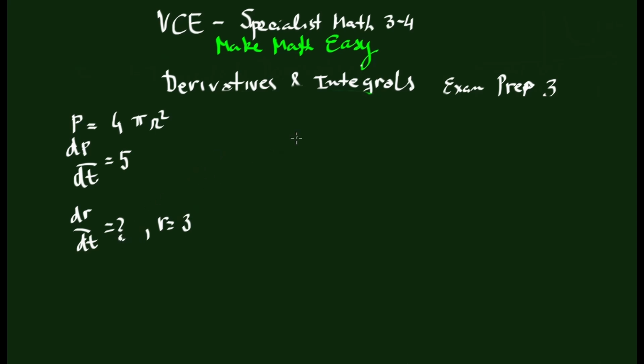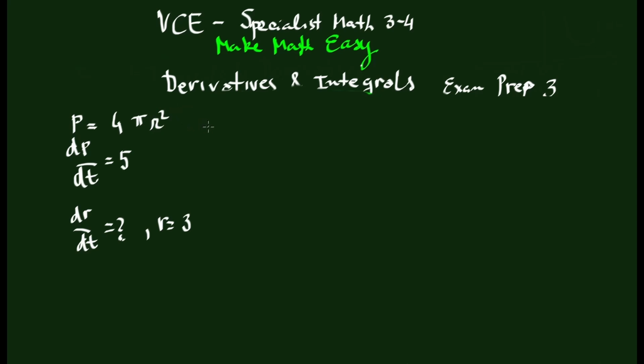What would that be? So what we can see here, we want P in relation to t and r in relation to t, but we have here P in relation to r.